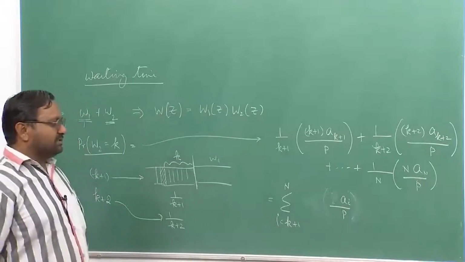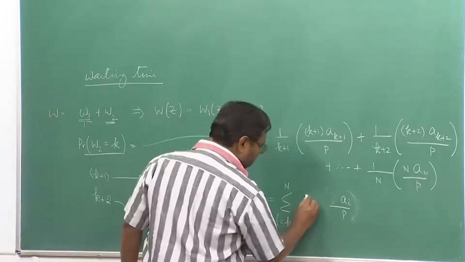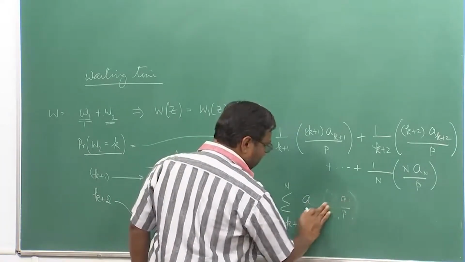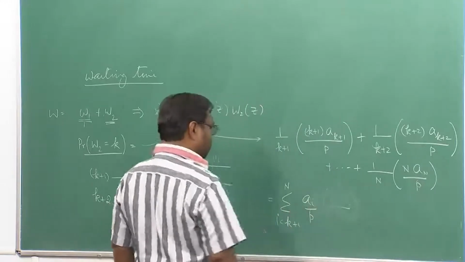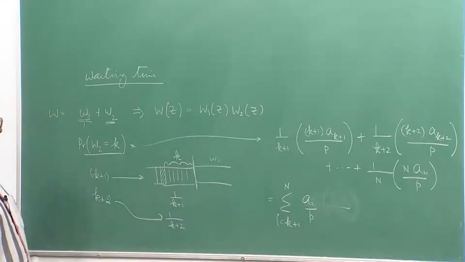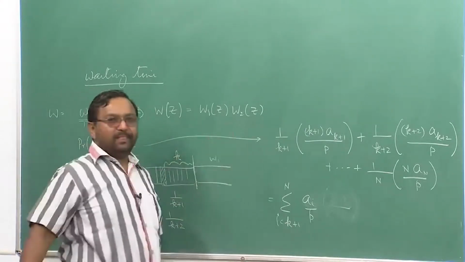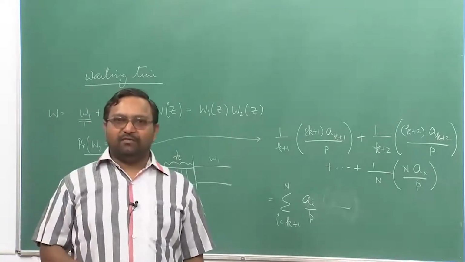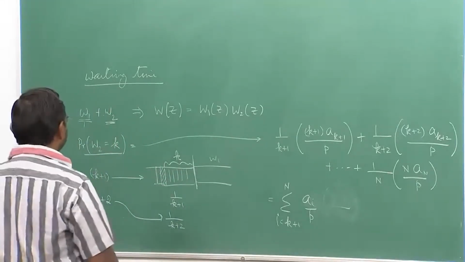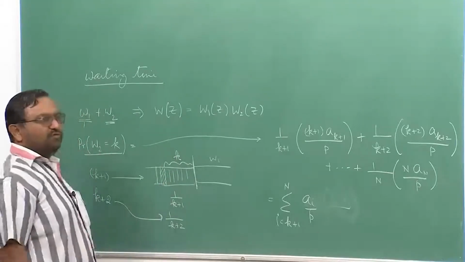I can use this, write it closely here and remove it from here. Once I know the probability that W2 will be equal to K, I can use it to find W2 of Z and use it for finding WZ and henceforth what the delay will be.